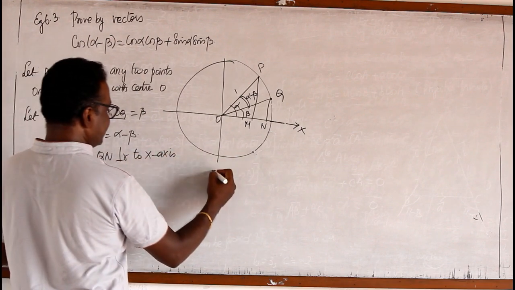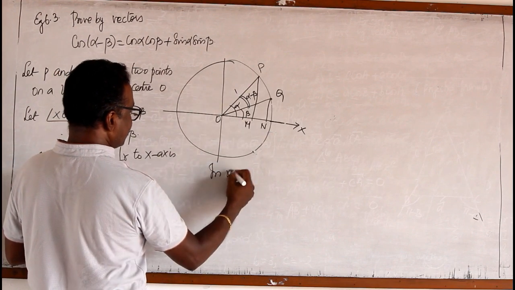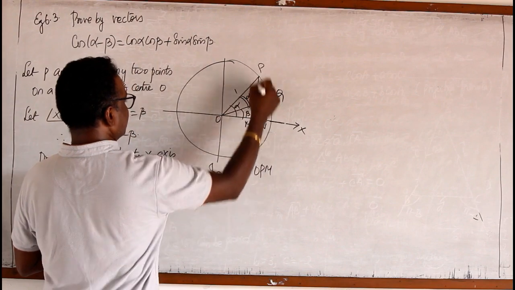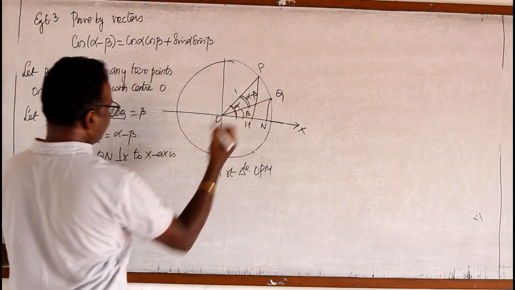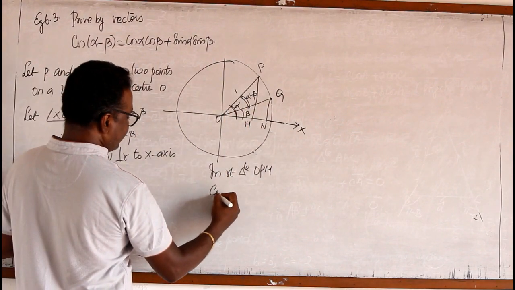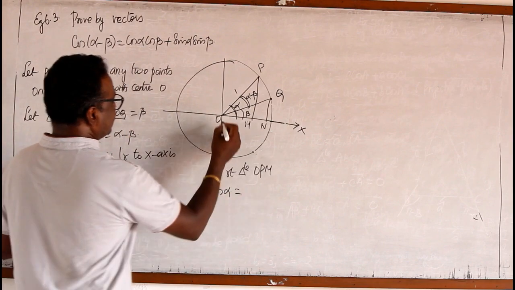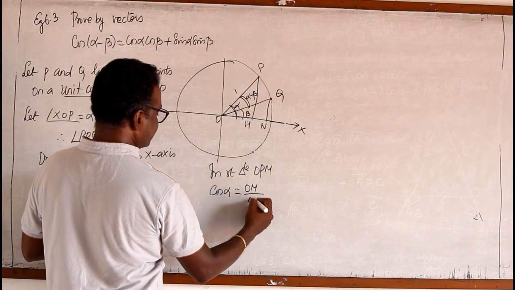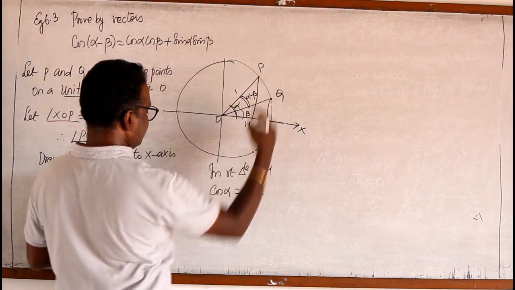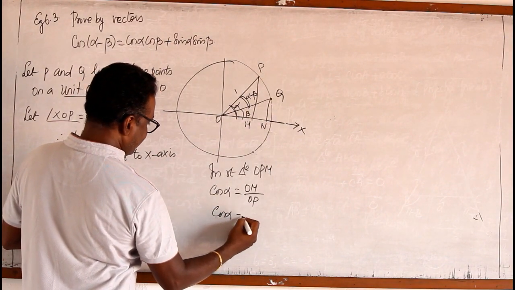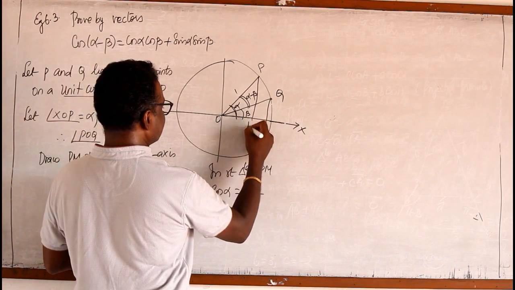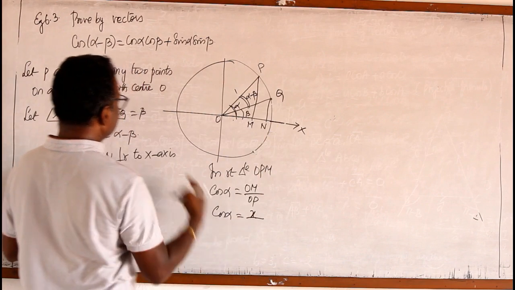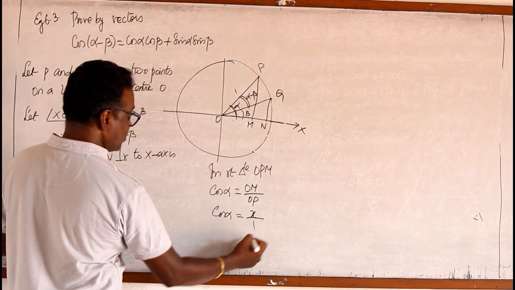Now, in right triangle OPM, the angle involved is alpha. So if I say cos alpha, then this is OM by OP, adjacent side by hypotenuse. OM is along the x-axis, so some x, and OP we know is the radius, and it is a unit circle, so it is 1.